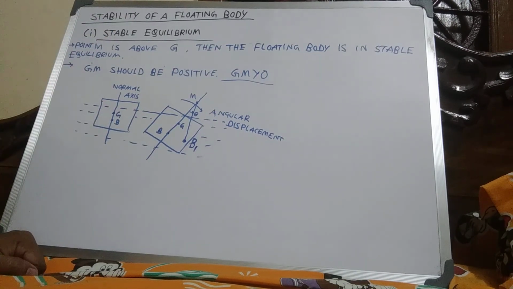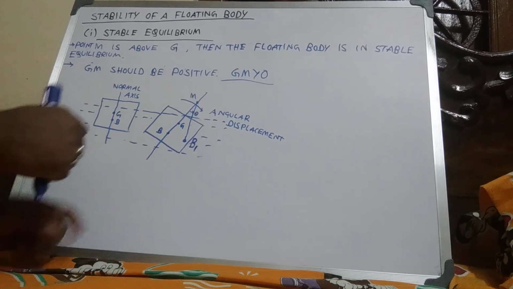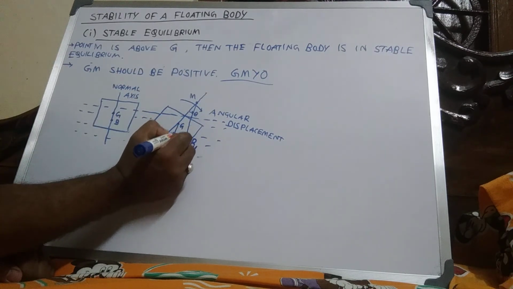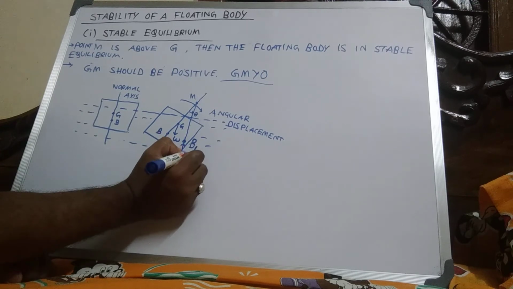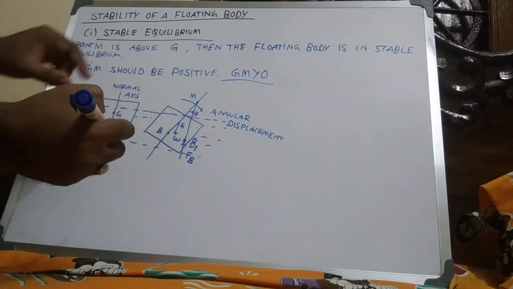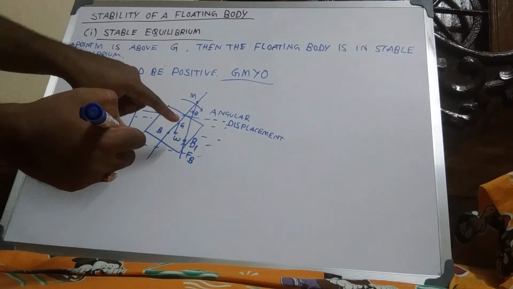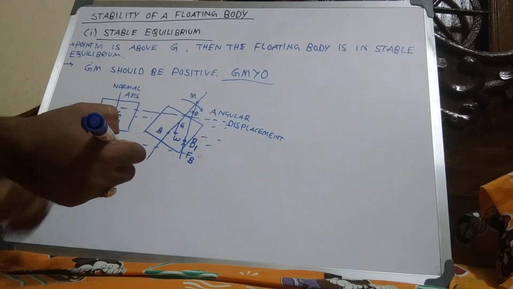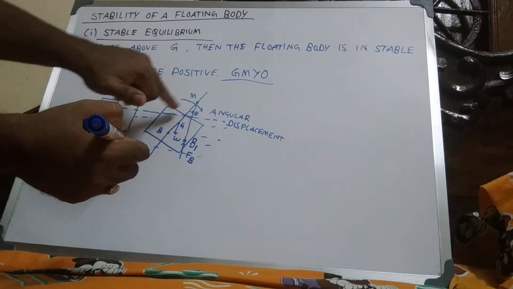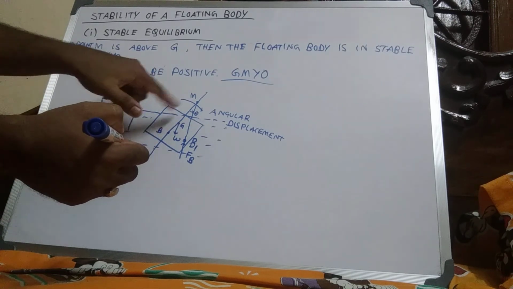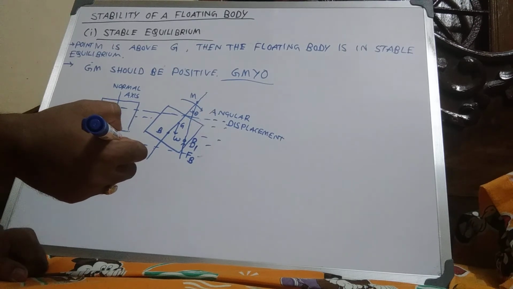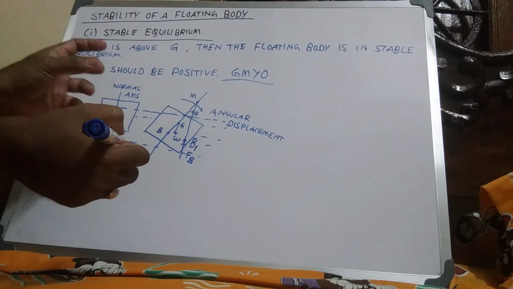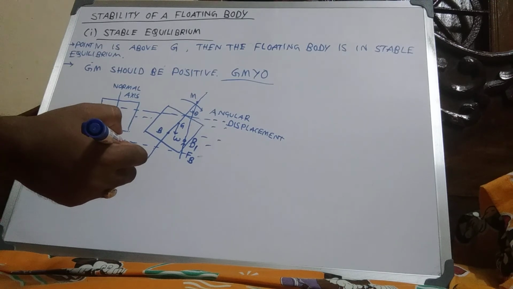At that time this is the weight and this is FB, and W and FB generate a couple acting in the anti-clockwise direction, bringing the body to its original position, and then the floating body is called stable equilibrium.